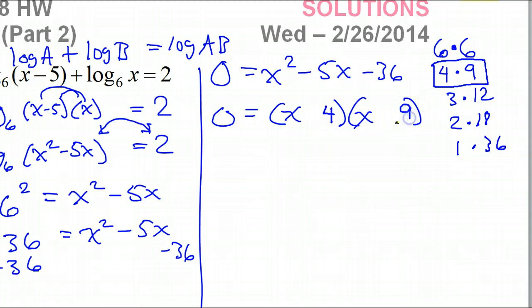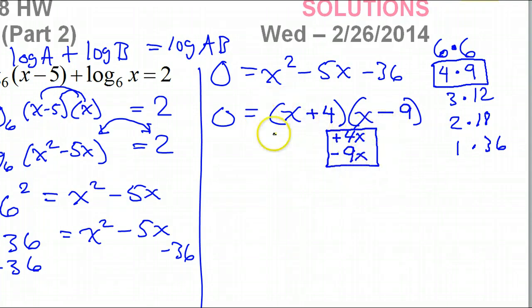4 times 9. Now inner, I've got 4x. Outer, I've got 9x. That has to make the middle of negative 5. So if I have a positive 4 and a negative 9, that would do it. Okay, so there's my positive 4 and there's my negative 9.